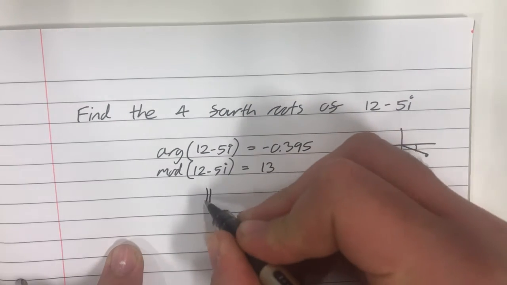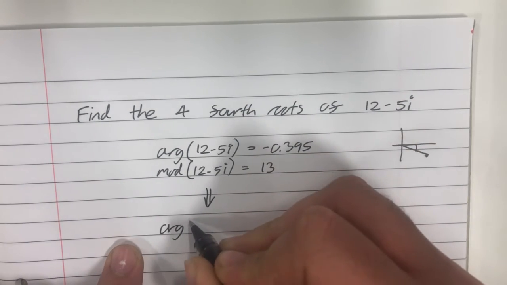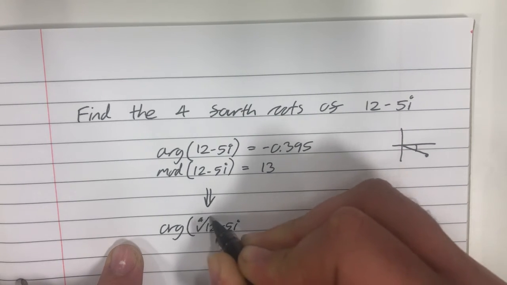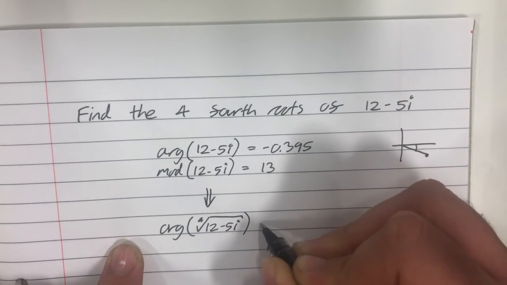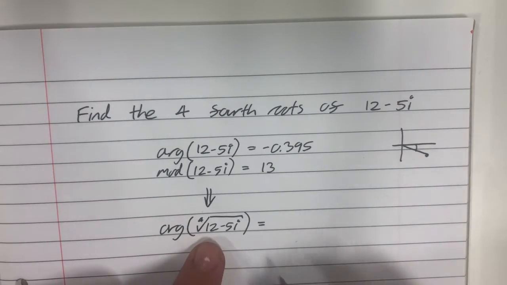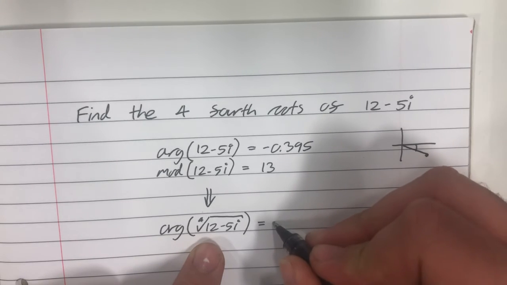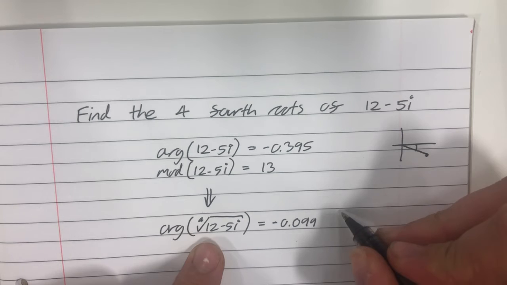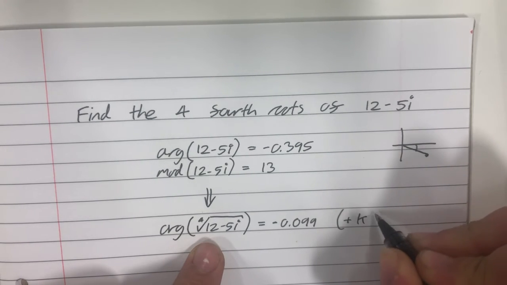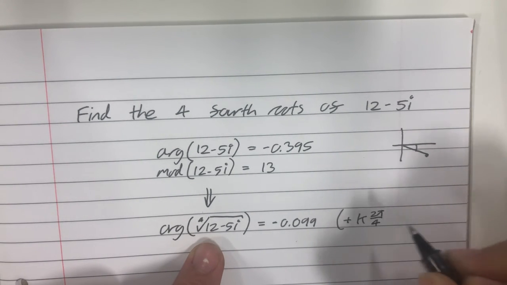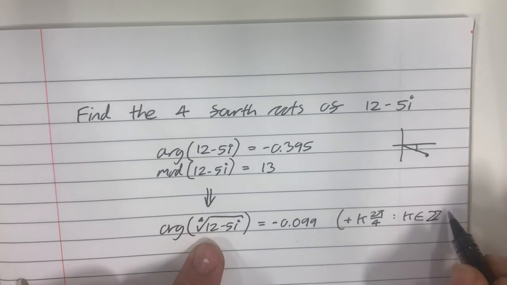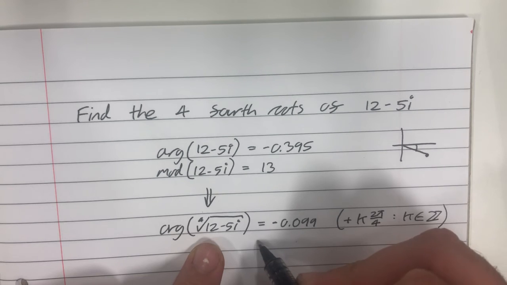So therefore, the argument of the fourth root of 12 minus 5i is equal to that divided by 4. So minus 0.099. And then again, you can add multiples of 2 pi on 4, such that k is an element of the integers, to give you other arguments.